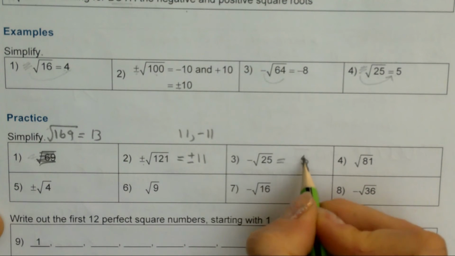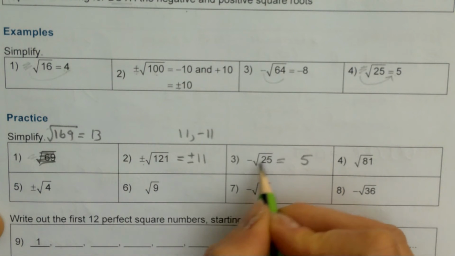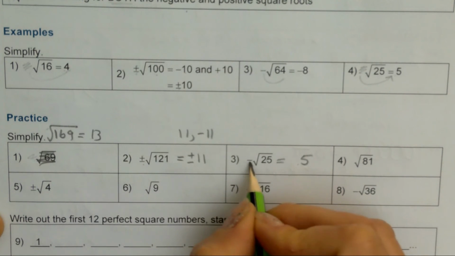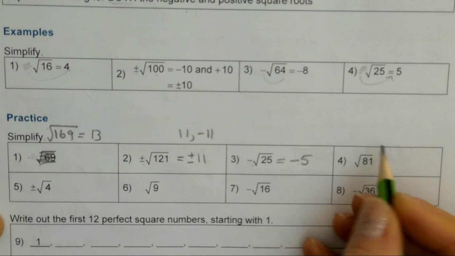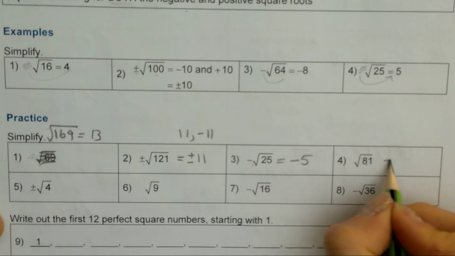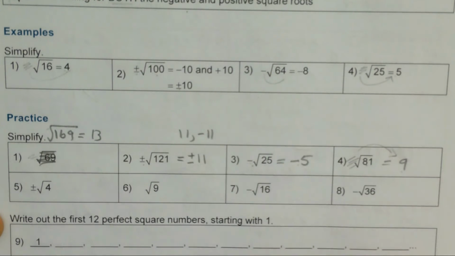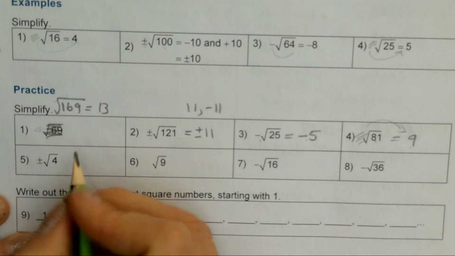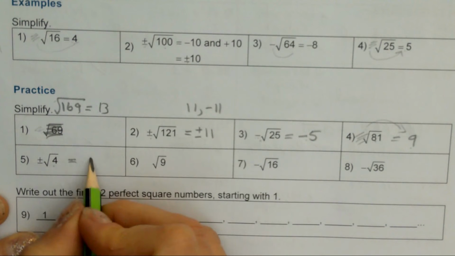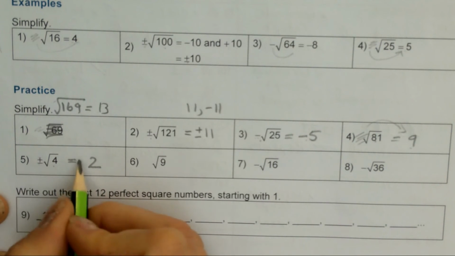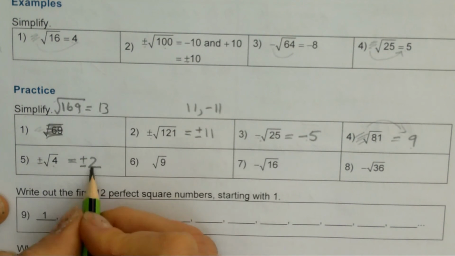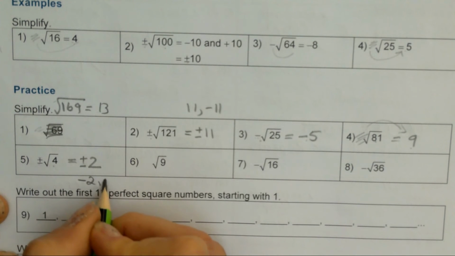5 times 5 is 25. So the square root of 25 is 5, but it says we want the negative root. 9 times 9 is 81. And there's nothing in front, so we want the principal square root, which is positive. 2 times 2 is 4, and we want both roots, plus and minus. So I can write it that way, or I can write minus 2 and 2.